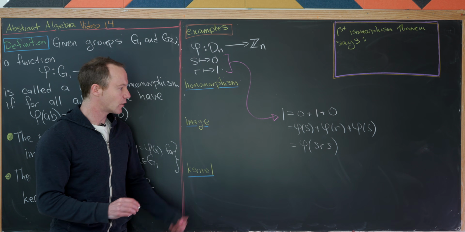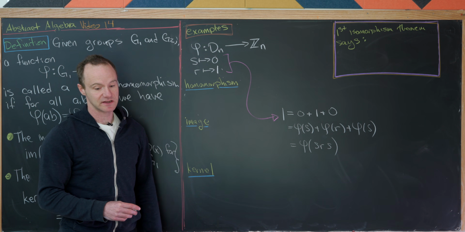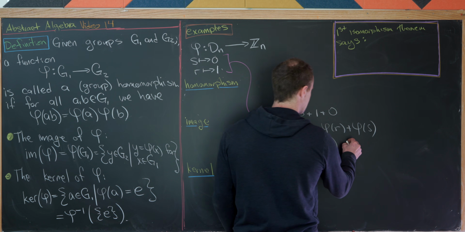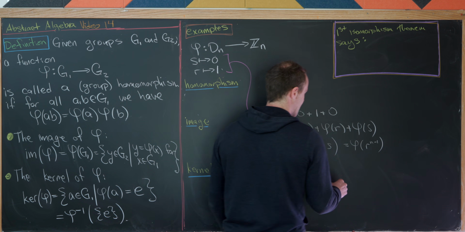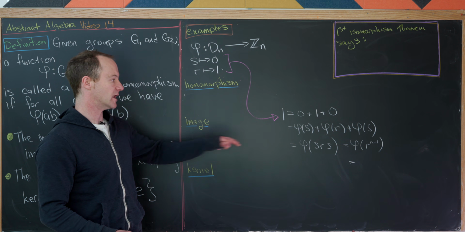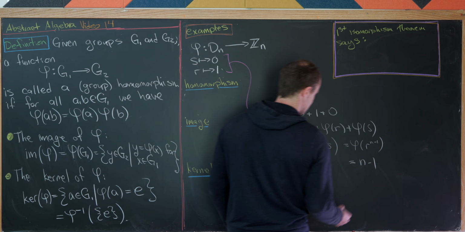But then doing the quick calculation on SRS, you'll see that you get R to the n minus 1 because we're inside of Dn. So this is phi of R to the power n minus 1, but if R is sent to 1, then R to the n minus 1 is sent to n minus 1.